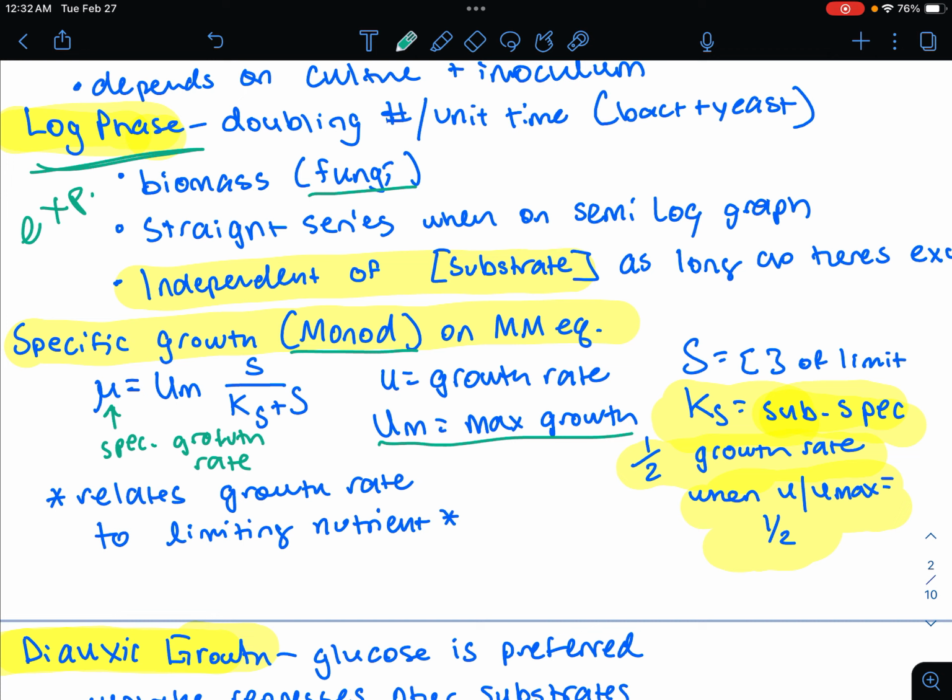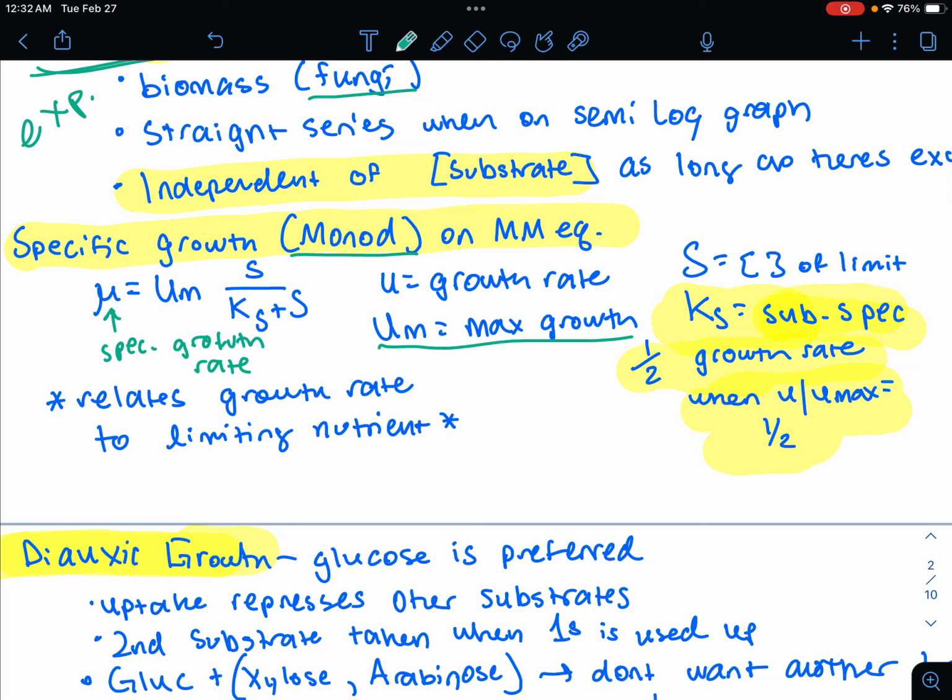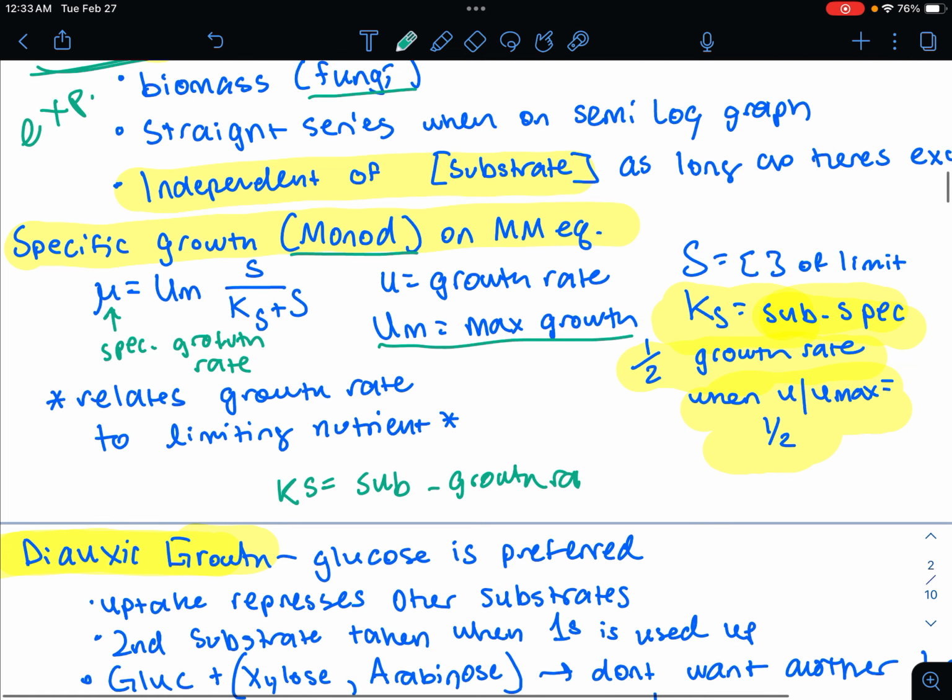The substrate concentration when half the specific growth rate is obtained, aka the value of S when μ over μmax is 0.5. Alright, so let's write that out. So Ks is the substrate-specific growth rate. And then again, this is going to be the substrate concentration.